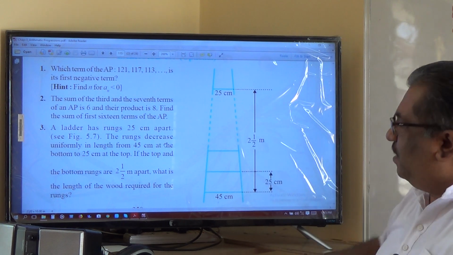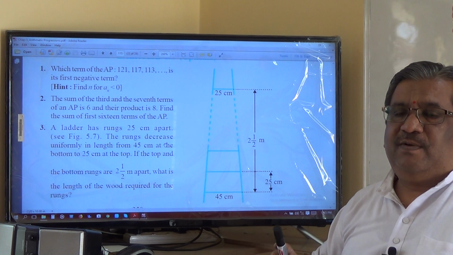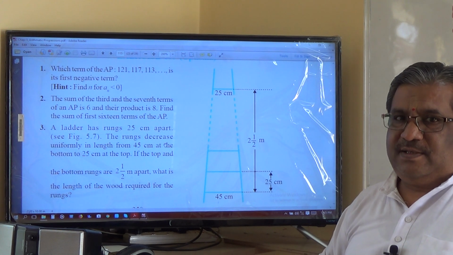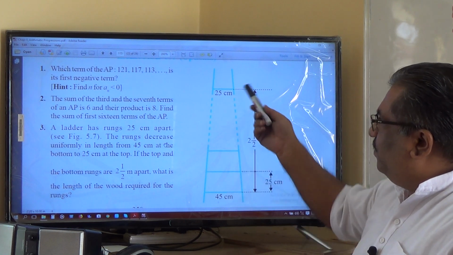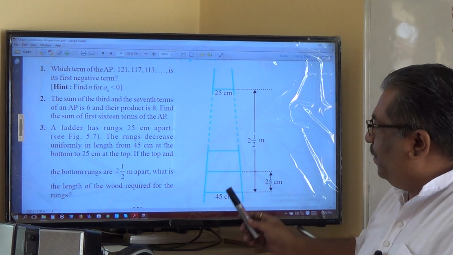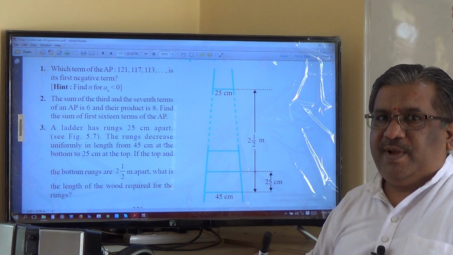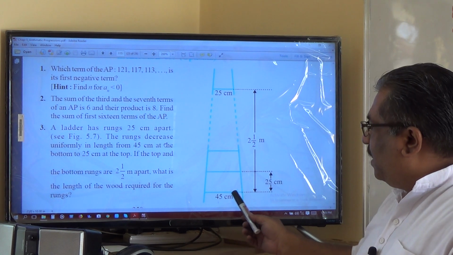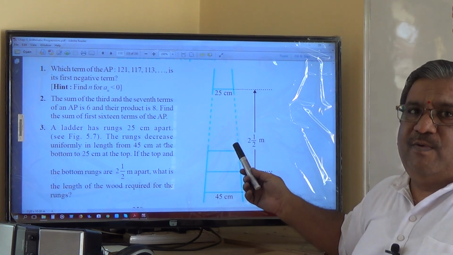So whether the length of the rungs form an AP or not, we will have to check it here, isn't it? So the common difference is 25, means it is decreasing uniformly, and hence I will say the length of the rungs form an AP, and first rung length is 45, L equals 25, and N you want to calculate.